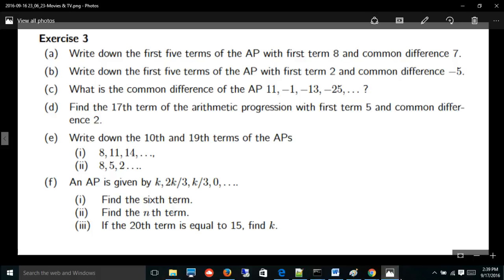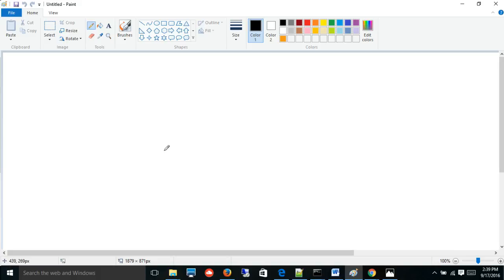I will calculate it because it looks a little bit generic. We already know the values of A and D, so we will directly calculate. For the second part, the series is k, 2k by 3, k by 3, 0, and so on.